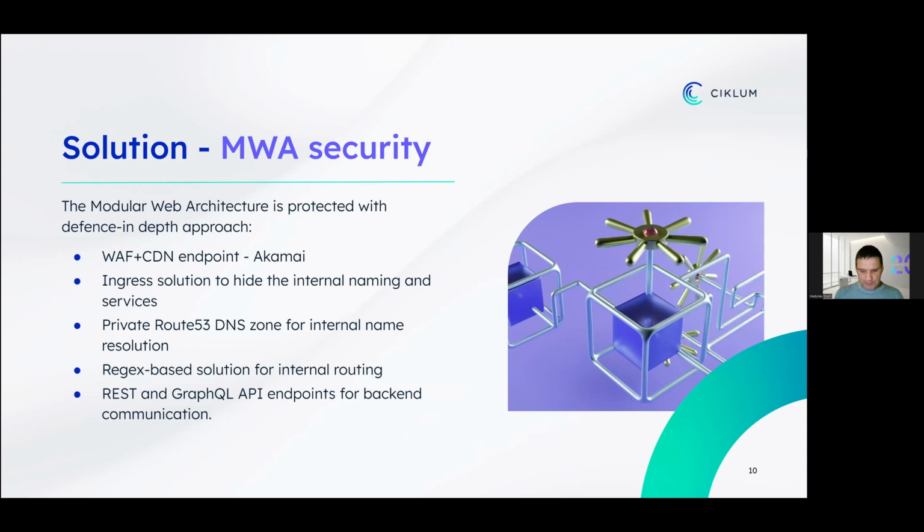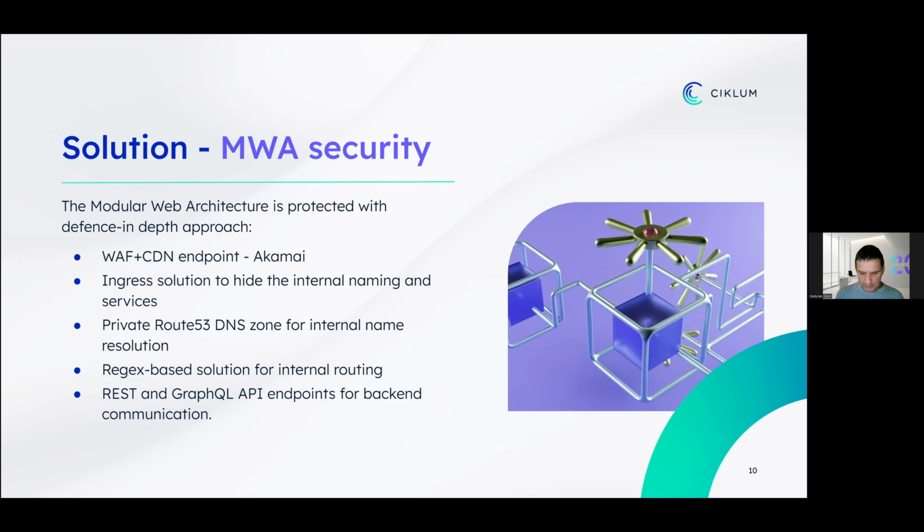And the next part is related to web security, the internet part of the security. So we have an endpoint for the Web Application Firewall and CDN. It's an Akamai solution. Also, on the cloud side, we have an Ingress solution to hide internal naming and services and all the backends that we use, because before, every bot with the proper URL was able to connect to some kind of search service, database, backend, or API.